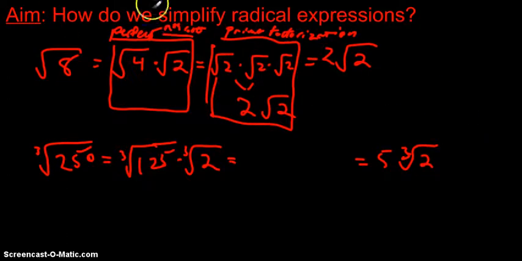So let's look at this using a prime factorization method. 250 is equal to 2 times 125, that's 2 times 5 times 25, and that would break down further to 2 times 5 times 5 times 5.